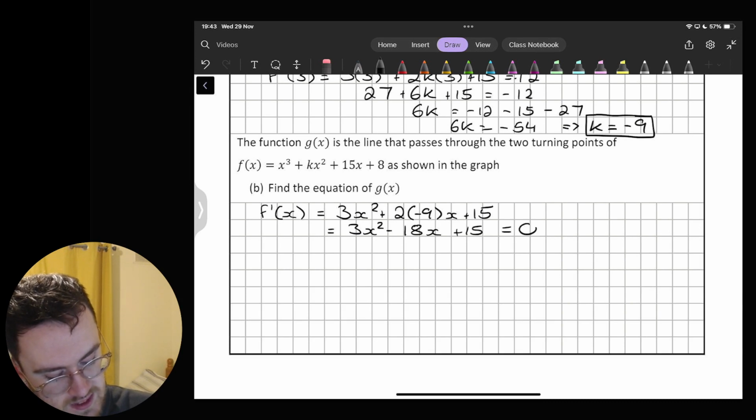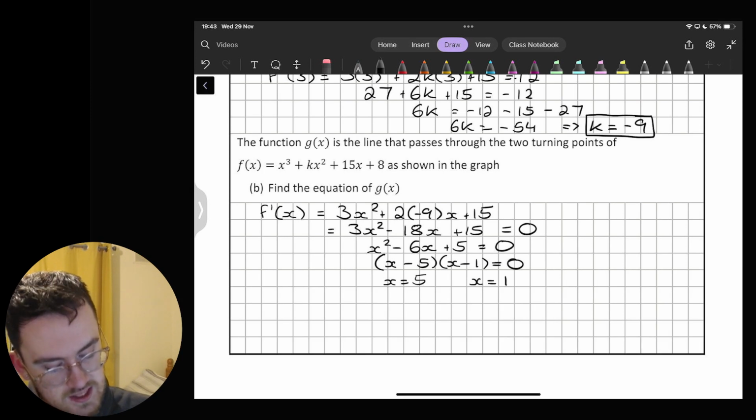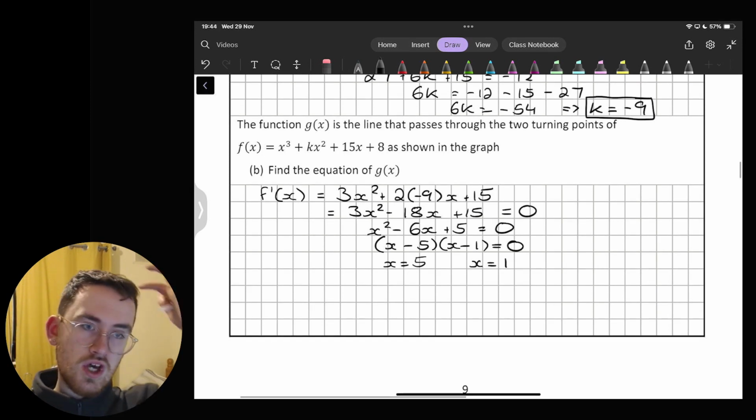We want to know where this is equal to 0. Let's divide across by 3 to help simplify. It's x minus 5, x minus 1 equals 0, which means x equals 5 and x equals 1. So those are my two turning points.